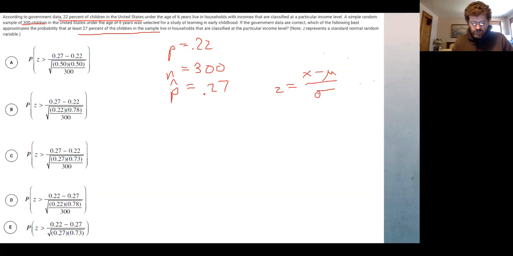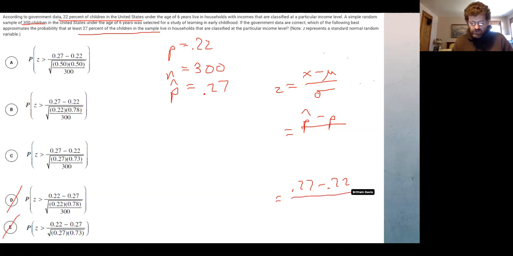So what I'm going to do is instead compare the sample proportion to the population proportion. So if I start plugging numbers in, it's going to be 0.27 minus 0.22. So it looks like D and E can be ruled out.